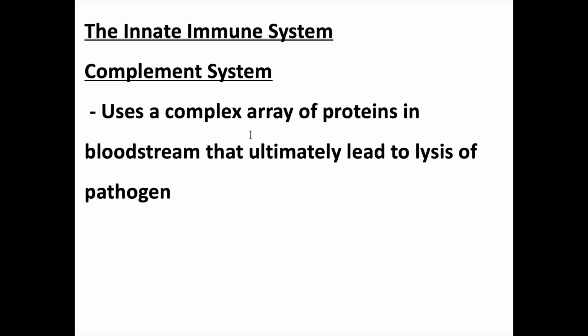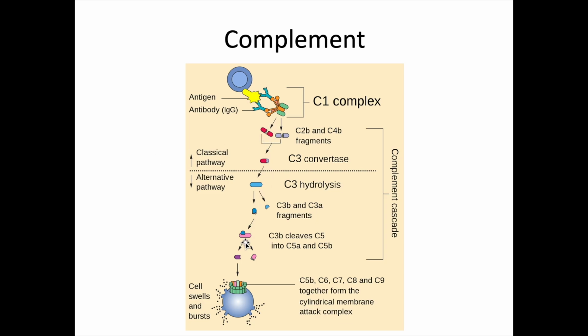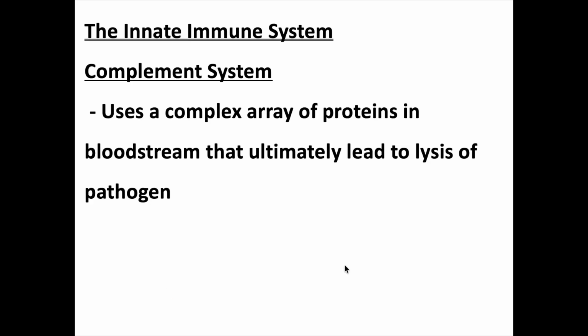It uses a complex array of proteins that are present in the bloodstream that ultimately lead to lysis of the pathogen. That's what happens at the end of this cascade. There's this pore of proteins that forms inside of the pathogen cell and causes it to lyse or to burst open. So we'll return to complement.